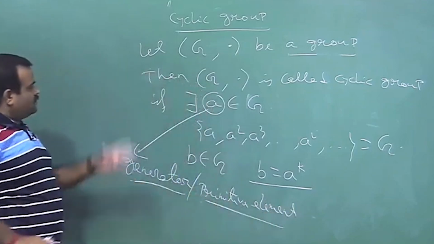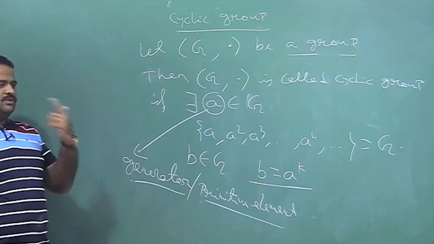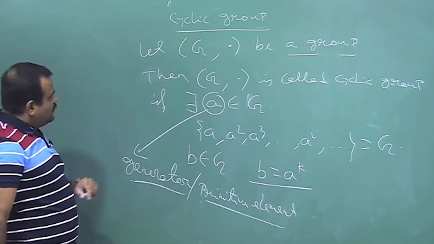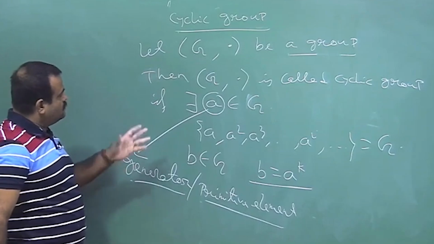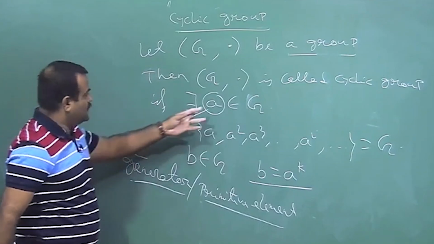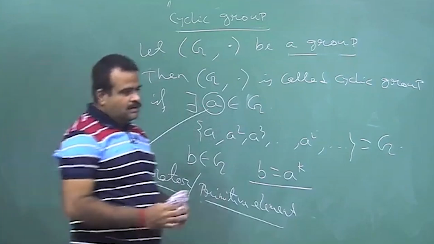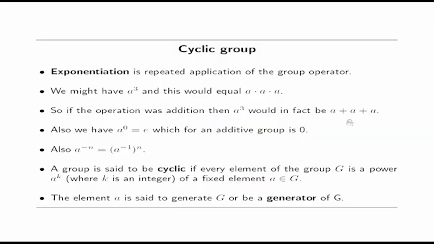If there exists such an a which generates this group, then we call it a generator of this group, and we call this group a cyclic group. Okay, so this is the definition of cyclic group.